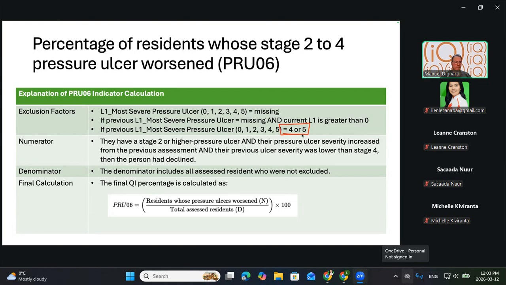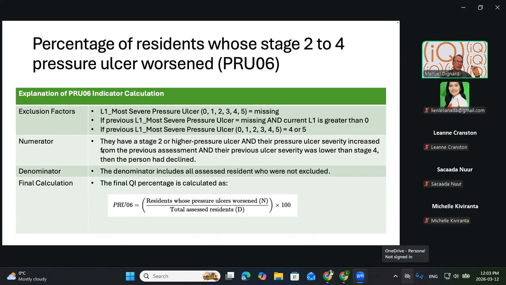Now, if all the data is there and at the last assessment you did not have an ulcer or it was a stage 1 or less, then you will be part of that calculation because you're not excluded.